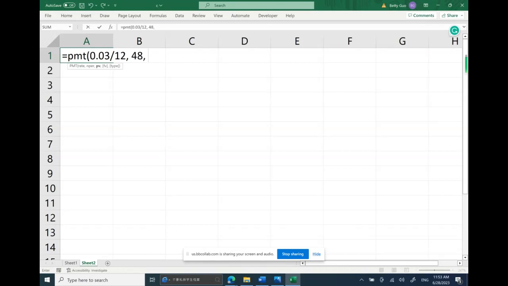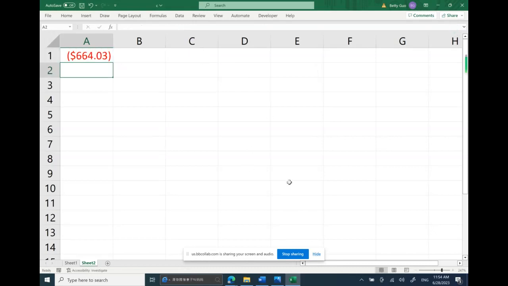You have 48 monthly payments in total. PV, present value, your loan amount, 30 grand for the new car. Future value, 0. Type, 0. You deposit the payment at the end of every month, so the whole book only chooses end.